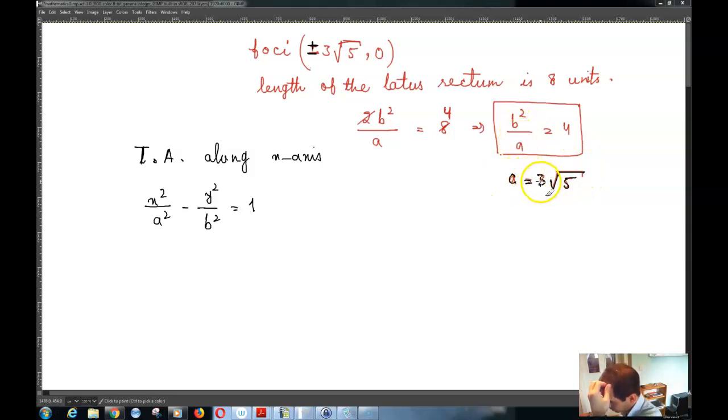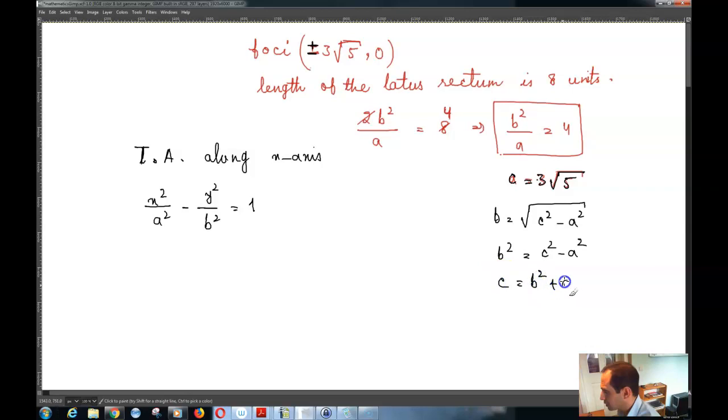Now you can calculate using c. Basically you know that b is equal to the square root of c squared minus a squared. So that means that b squared is equal to c squared minus a squared, and actually c squared is equal to b squared plus a squared.